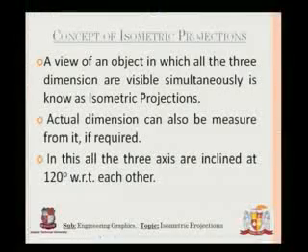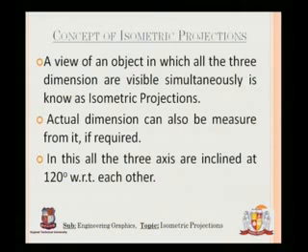Now, there are various important points related to it. The important point is that all the 3 axes, length, width, and height, will be parallel to a single coordinate system, the x, y, and z axes. These x, y, and z axes will be at 120 degrees with respect to each other.